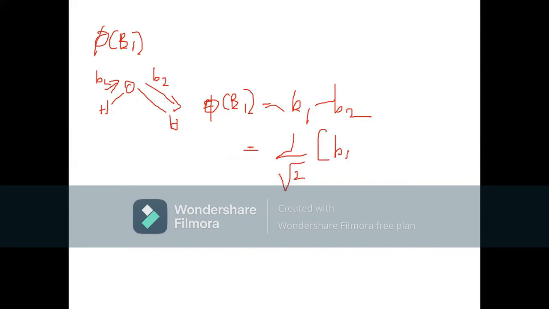So the wave function phi B1 is of the form B1 minus B2. After normalization, the same way, you follow the same formula for normalization, so you will get 1 by root 2 into B1 minus B2. So these are the two normalized SALCs for the water molecule. So this is by the easy method.